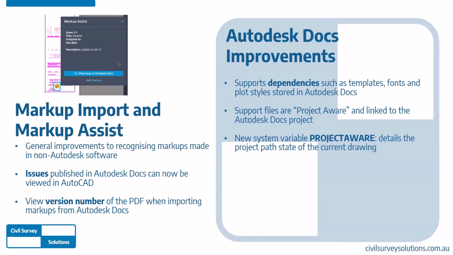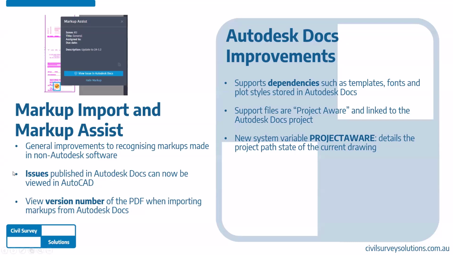Related to Docs, we've got the improvements to Markup Import and Markup Assist. So this is now better at recognizing PDF markups that come through Docs that weren't necessarily created in an Autodesk software. So if you've made some changes, some markups on a plan in an Adobe product or something else, they should now come through, though it is AI, so it's not necessarily going to grab everything.